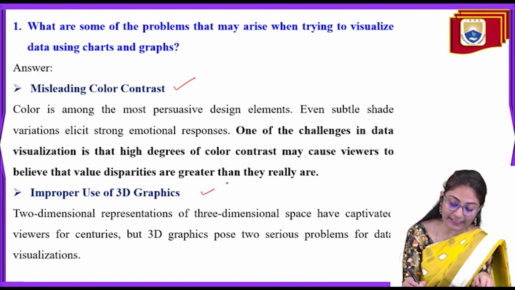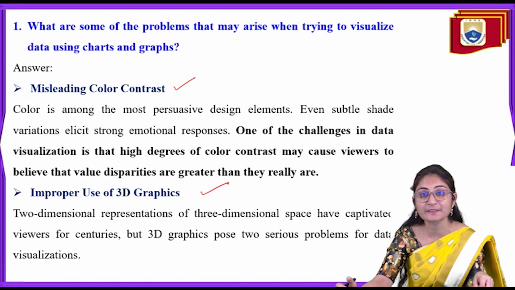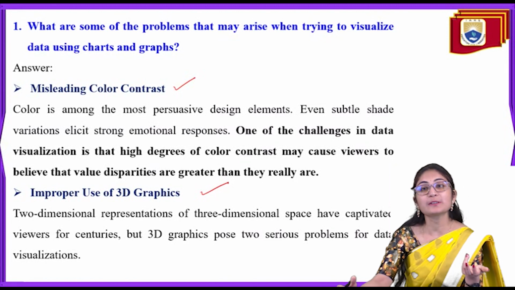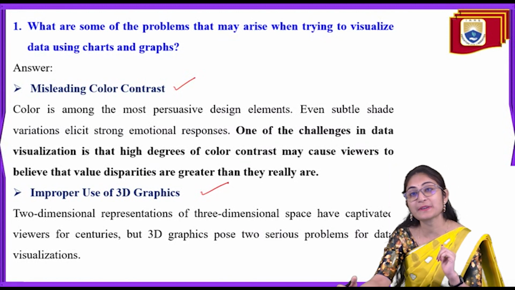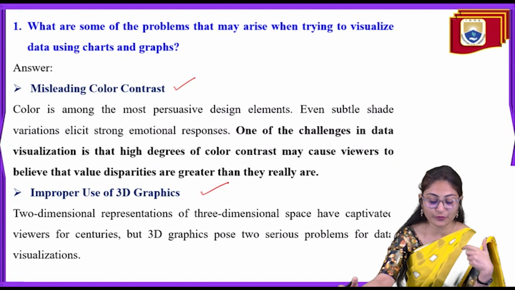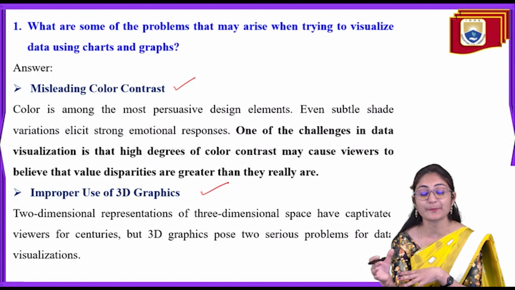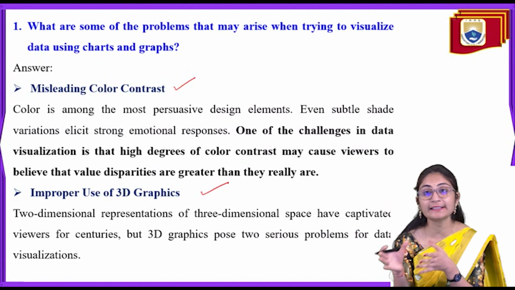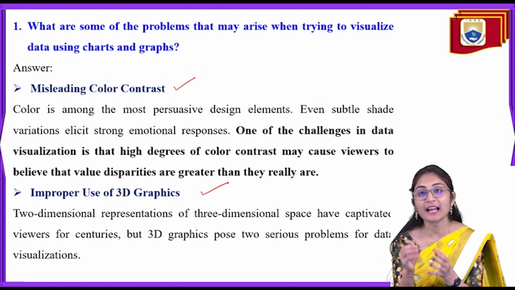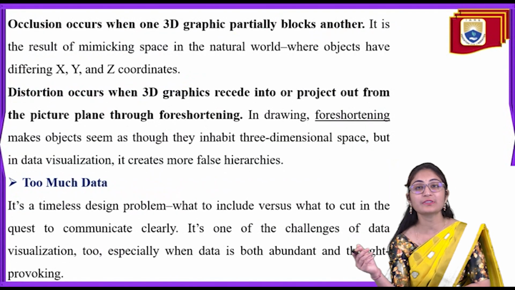The next one is improper use of 3D graphics. Two-dimensional representations of three-dimensional space have captivated viewers for centuries. But generally, 3D graphics pose two serious problems which we face nowadays.